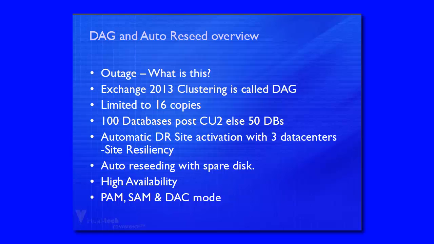Now, Exchange 2013 is providing some capabilities which can avoid certain kinds of outages, at least for Exchange. DAG is going to avoid any outage. So now let's see how it's possible. Exchange 2013 clustering is called DAG.